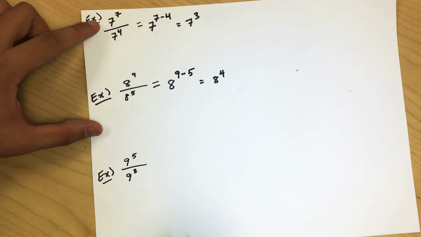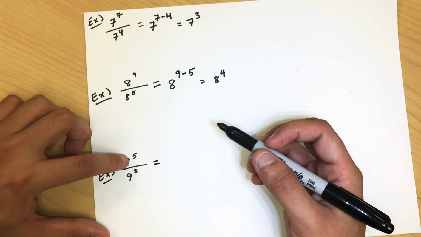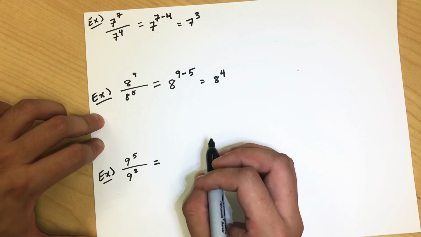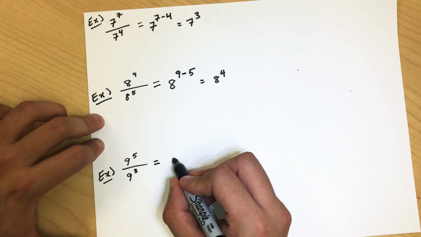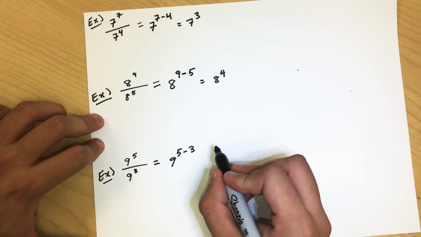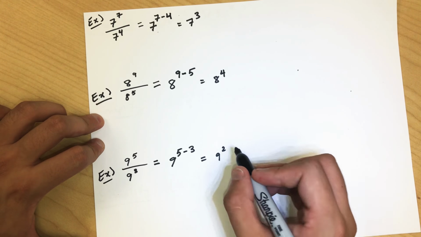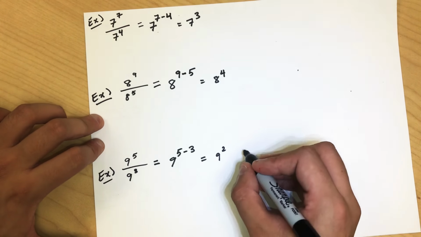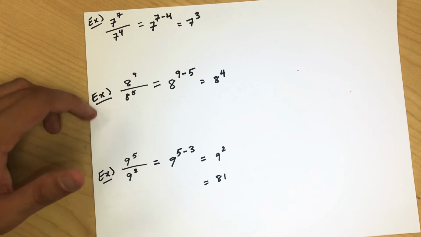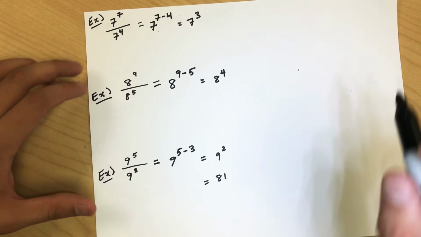Okay? And we can do the same thing for this example. So 9 to the 5th power divided by 9 cubed, you will get 9 to the 5 minus 3, which is going to be 9 squared, which is the same thing as 81. Right, which is 9 times 9 is 81, right?